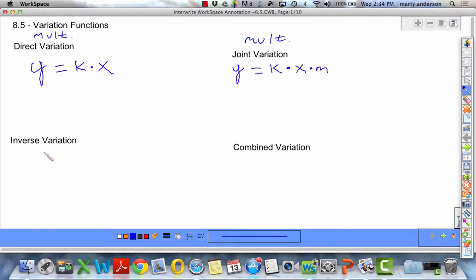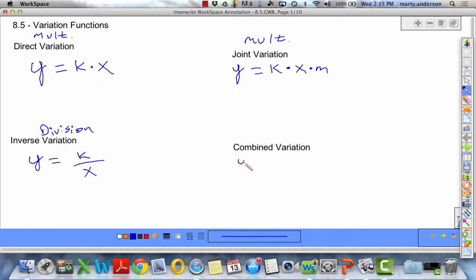Inverse variation: we just took a look at inverse functions and their graphs, and that was 1 over x, or in this case it'll be k over x, where k again is the constant of variation. So this has to do with division. Look at it that way. Combined is going to be both multiplication and division.